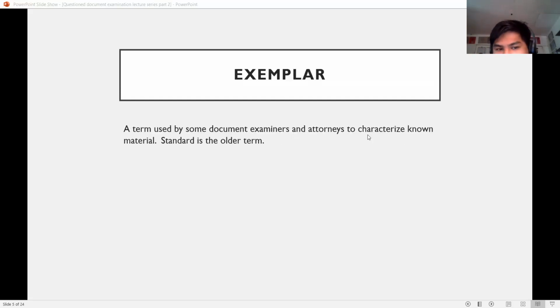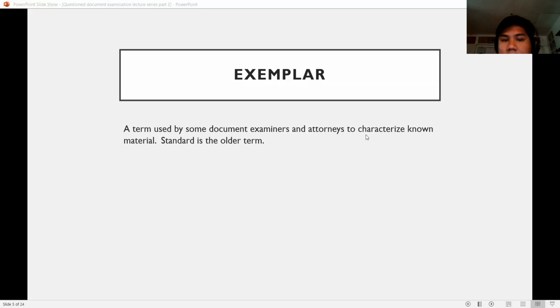And we have here the exemplar. What's an exemplar? An exemplar is a term used by some document examiners and attorneys to characterize known material. Standard is the older term, and exemplar is the term used by document examiners and attorneys to characterize known material.